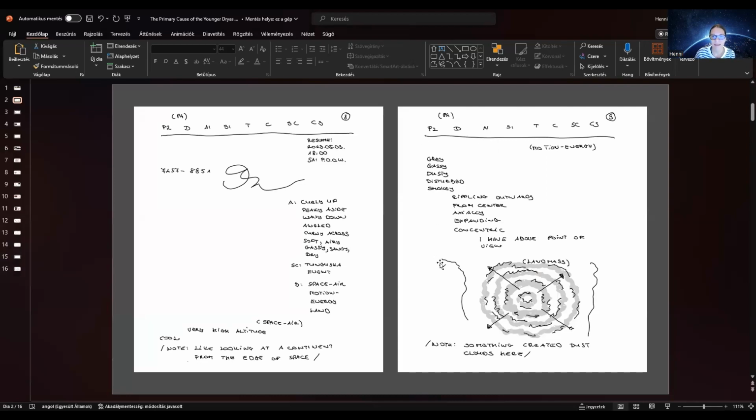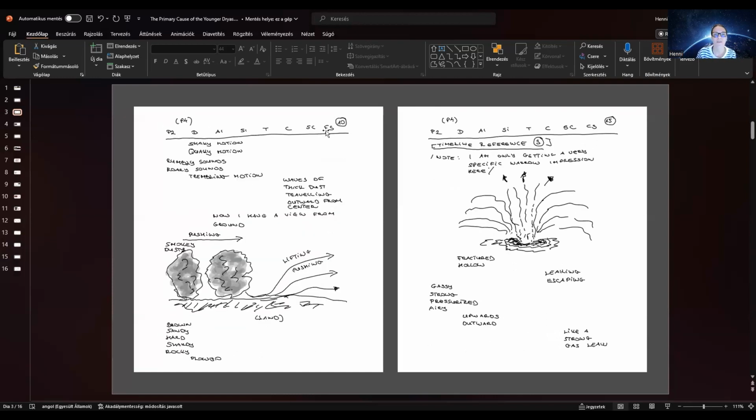So you can see that I am marking the edges of some landmass, and relative to that landmass, a huge area of it is covered by this expanding concentric, gassy, dusty, energetic formation. And again, I'm taking a note: it feels like something has created dust clouds over this area.